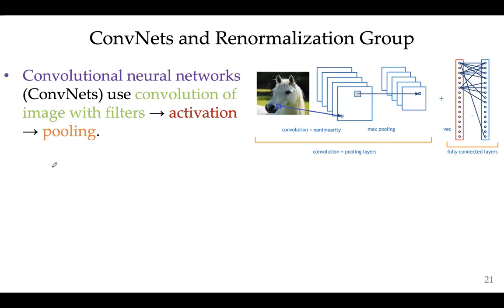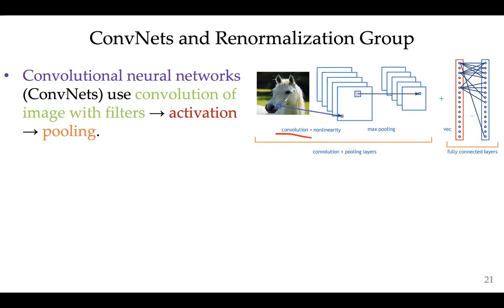So let's move to convolutional nets and the physics concept of the renormalization group. Convolutional neural nets are used to classify images. First, there is this convolution layer.